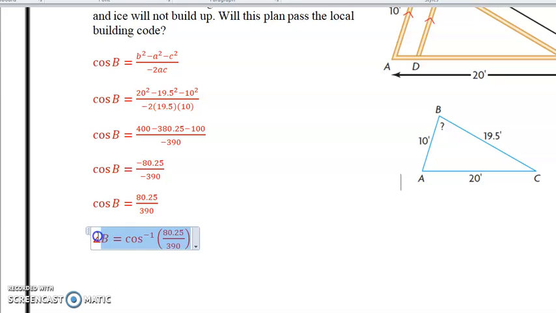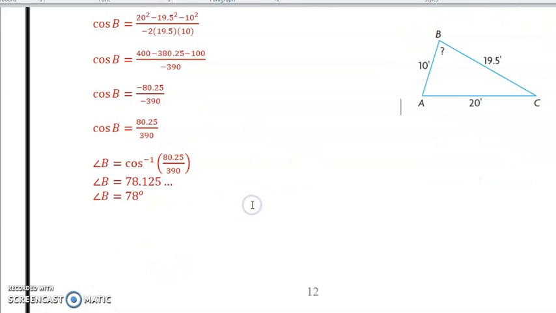So you get angle B is equal to 78.125 and so on. So we can just round it to the nearest degree, and we get 78 degrees. Okay? There we go.